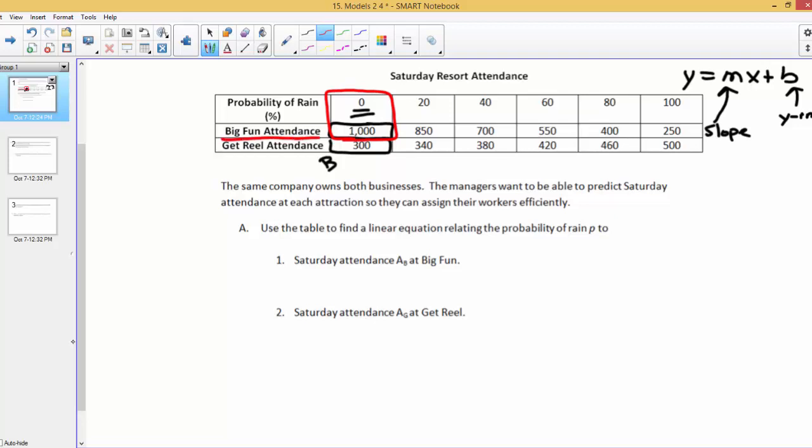It's perfectly going down by 150 every single time, but that is as x goes up by 20. So if we pick the first 2 points, our ordered pairs are 0 giving 1,000 and 20 giving 850.